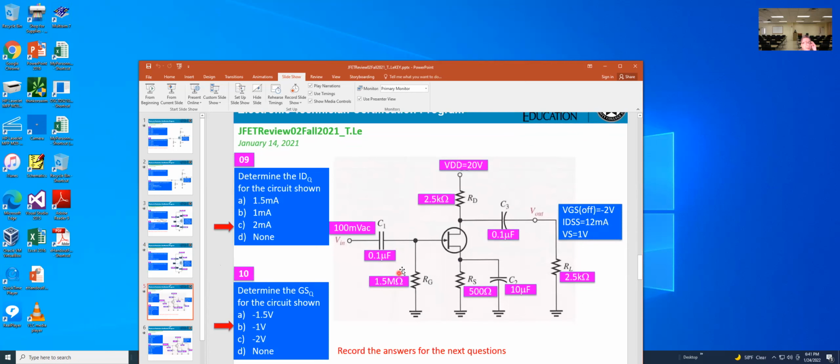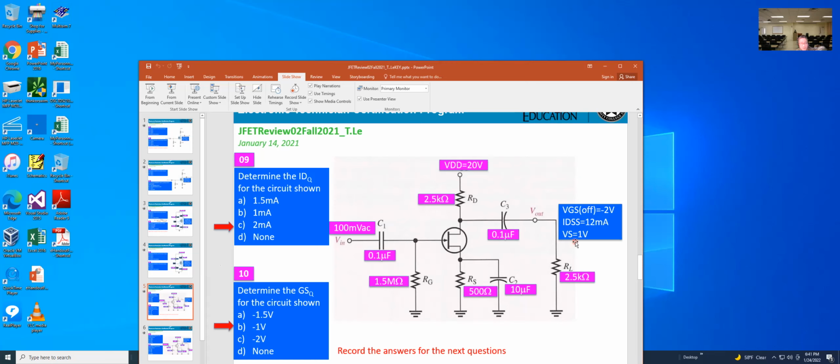Number 9. They want to know IDQ. Okay, so basically on this circuitry, common source amplifier, however, they're using the self bias. Basically, you need a graph to calculate the DC bias.